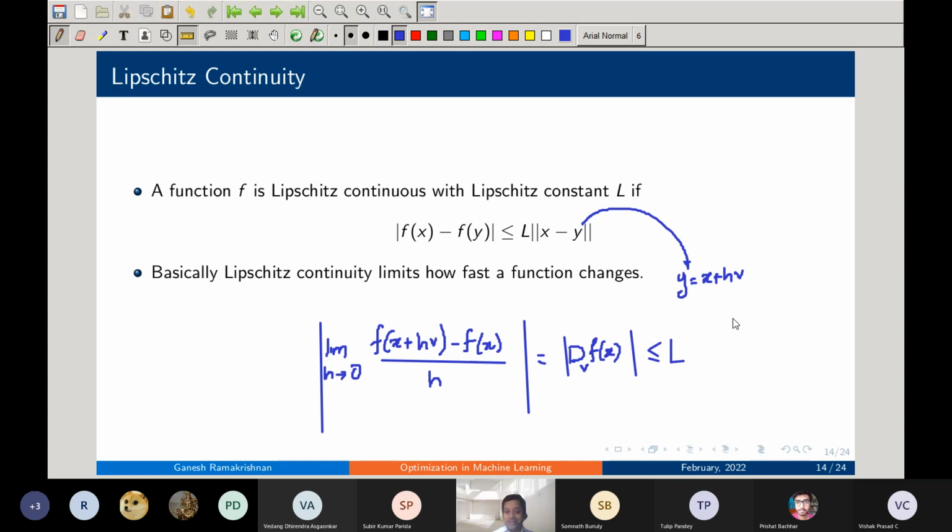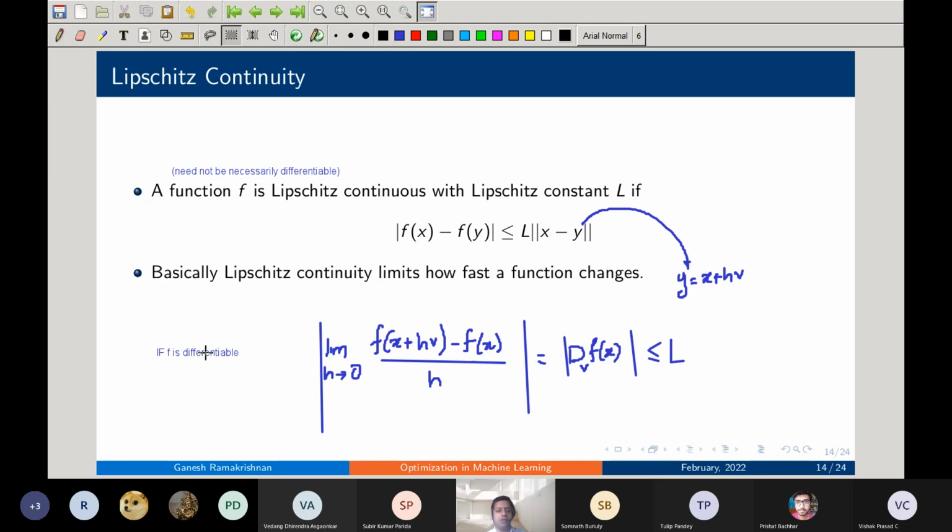Now this is only for differentiable f. It doesn't necessarily always hold because we never assume that f is differentiable. Again I want to emphasize that function f need not necessarily be differentiable.